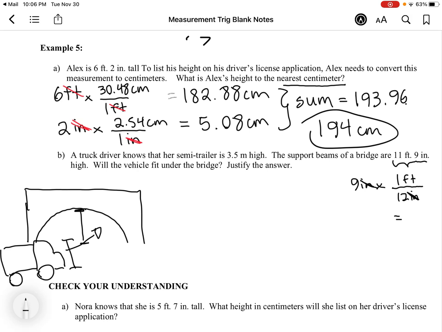That's like 3/4, so that's 0.75 feet. Okay, so you may want to think of this measurement, the support beams of a bridge. That's 9.75 feet. And then all we need to do is convert the 3.5 meters into feet as well, and then we're sort of off to the races.